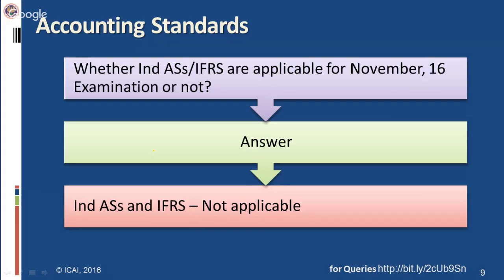Only the list of the AS which we have mentioned is applicable for paper 1. Only those accounting standards which we have already told are applicable, but any Ind AS or the additional AS are not applicable for you. For paper 5 also, there is a certain list prescribed in their curriculum, only those accounting standards are applicable.